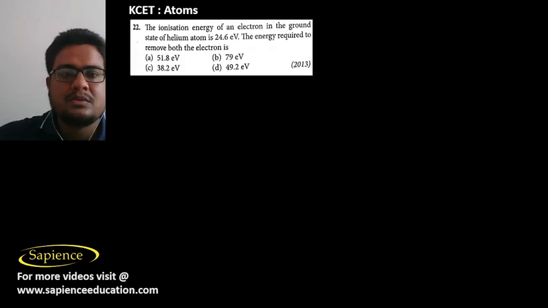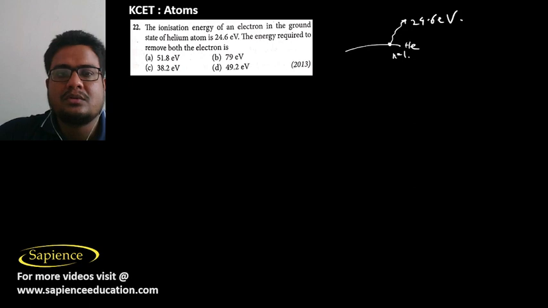And question number 22 is about the ionization energy of an electron in the ground state of the helium atom. Ionization energy in the ground state, that is n equal to 1, is 24.6 electron volt.